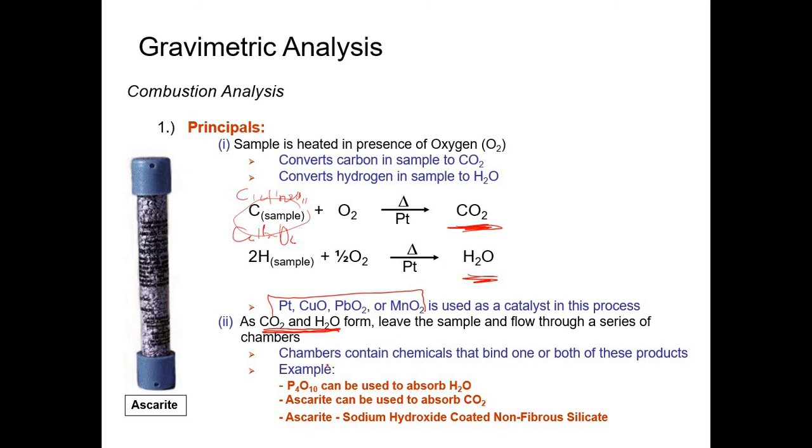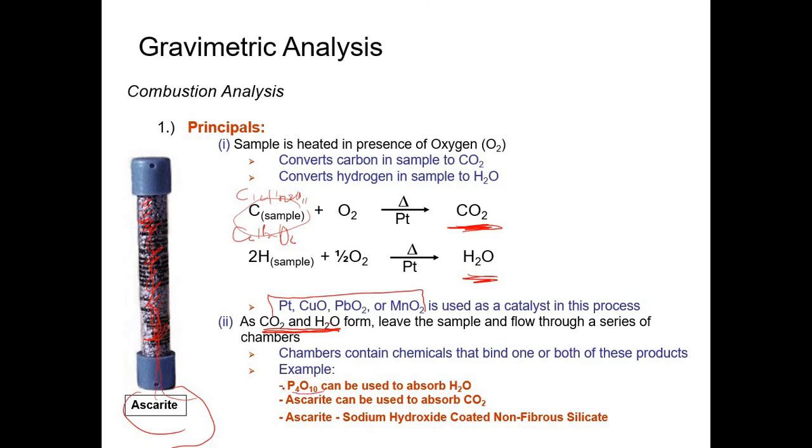Okay, so these chambers will contain chemicals that bind one or both of these products. Okay, so for example, mao ni inani ang chamber ha. So for example, the combustion happened here, so ang kining product CO2 ug H2O mo flow sila dire. Okay? And then ang kini siya class, kining surface ani, mura na siya tube.